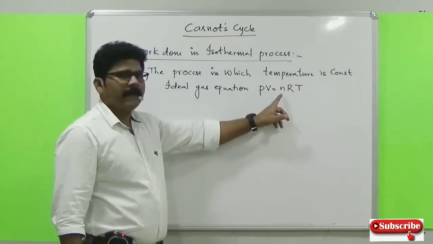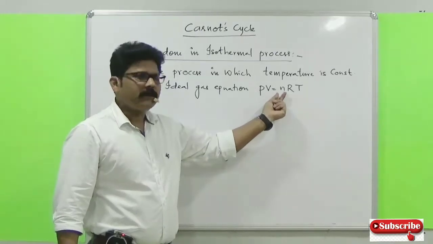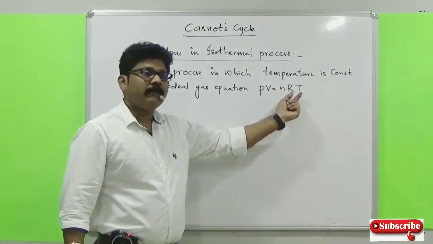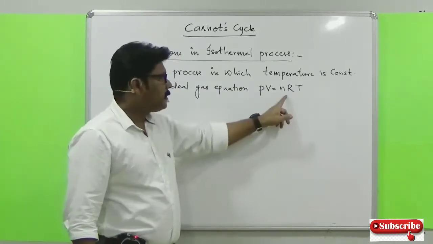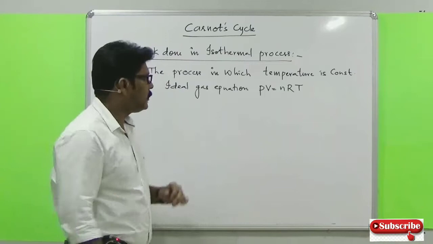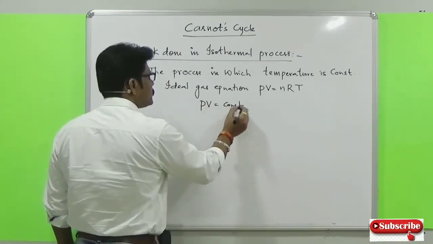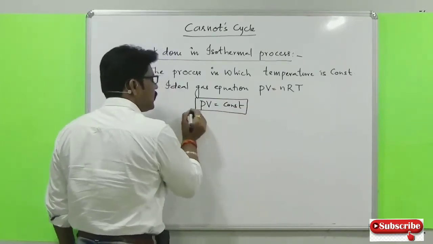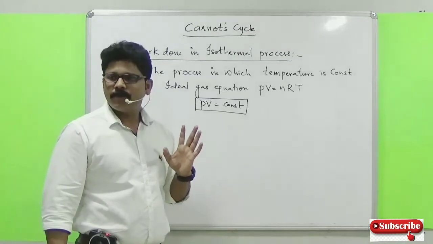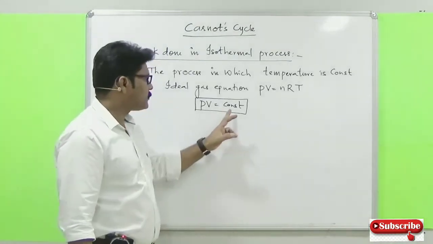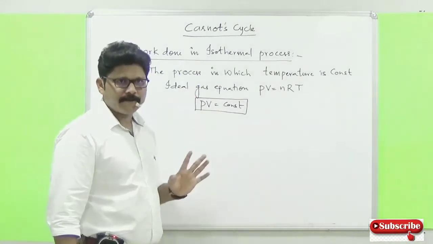For a given system, the number of moles is constant, R is constant, and in an isothermal process temperature is constant. All three parameters are constant, so PV equals constant. That means in an isothermal process, PV equal to constant holds good.